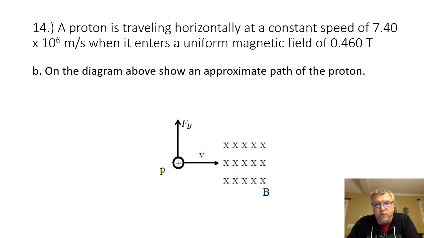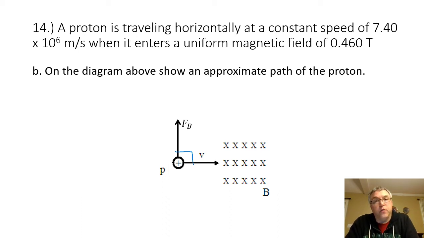Part B of problem 14 asks us to show the approximate path of the proton. The important thing to notice here is that my force vector and my velocity vector are at right angles to one another. And whenever we have a force vector that is perpendicular to the direction of the motion, or perpendicular to the velocity, that is a centripetal force.